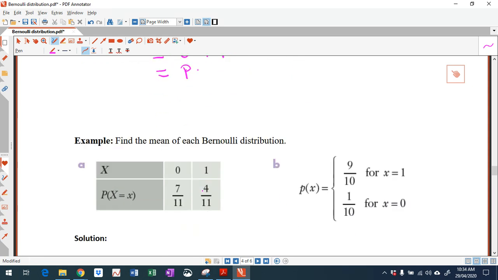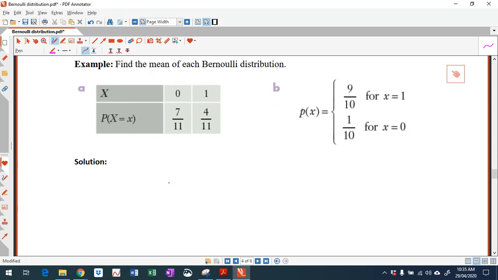All right, so let's have a look at our first examples here. Find the mean for each Bernoulli distribution. Rightio, let's look at part A. Starting off, we know that probability x equals 1 is equal to 4/11.